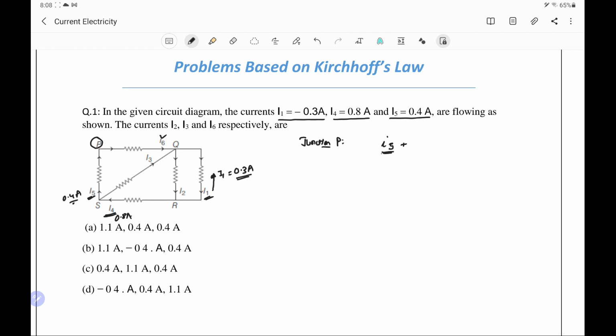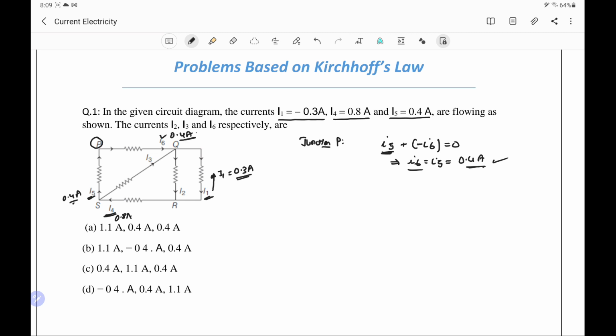Incoming current is taken positive and outgoing current is taken negative. So I5 minus I6 is equal to 0. This implies that I6 equals I5, and I5 is given as 0.4 ampere. Therefore, I6 is 0.4 ampere.